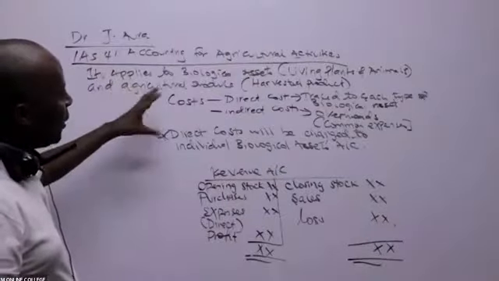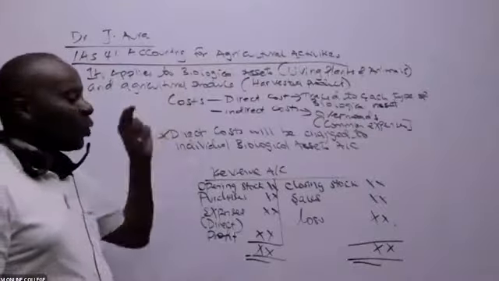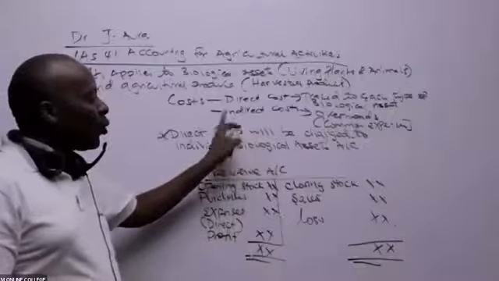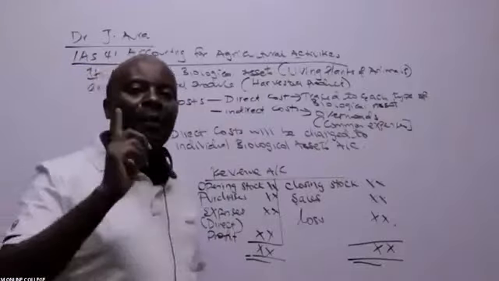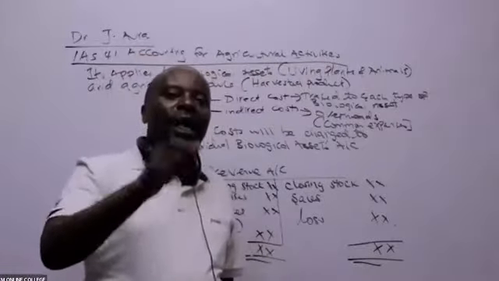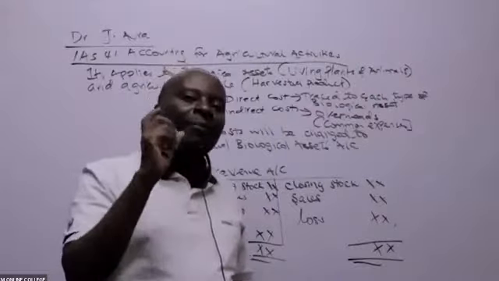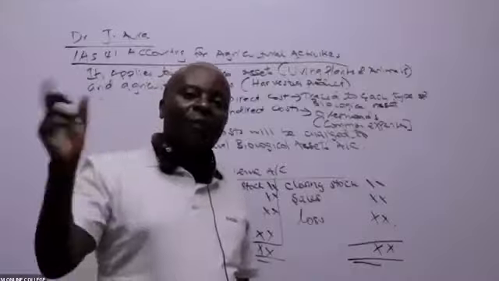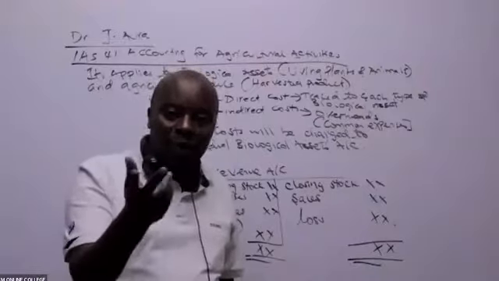And I've called your attention to something very important here on costs, where we have said that we've got two types of costs. We have direct costs and indirect costs. Direct costs are those costs that you are able to trace directly to each biological asset. So for example, when I buy fertilizer in my farm, I've just given you an example of a farm that we run at Isinya, which I've taken my students to severally, and I should be able to take you there very soon.